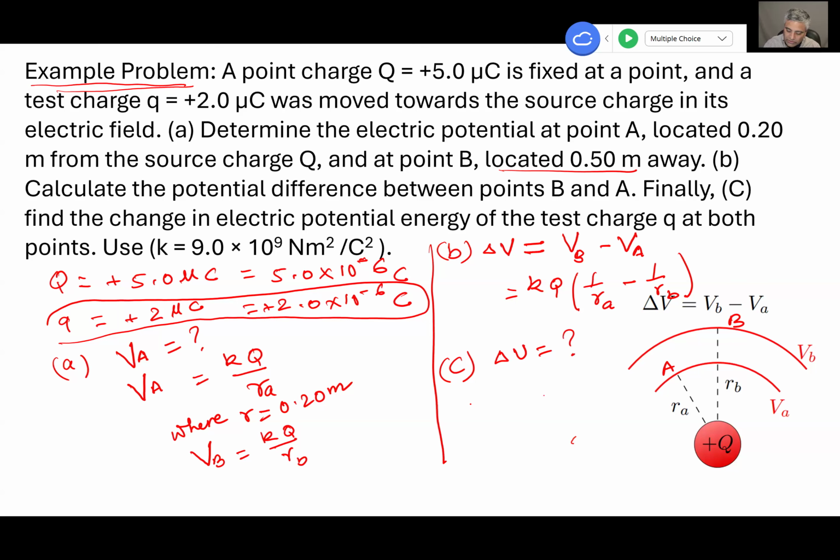So for that, what you do is you just multiply change in potential by the charge, delta V, okay? So you have delta V and Q is given. So once you multiply, you're gonna have the answer. But of course, the numbers are a bit ugly here, okay?